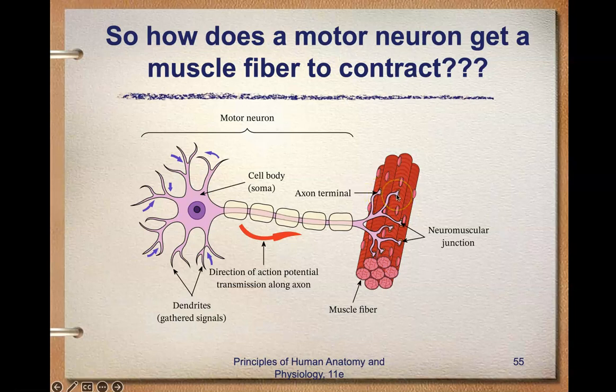At the synaptic bulb, it's going to pass this message in the form of a chemical messenger across this tiny gap to this spot on the actual individual muscle fiber, or muscle cell. Remember, muscle fiber, muscle cell.